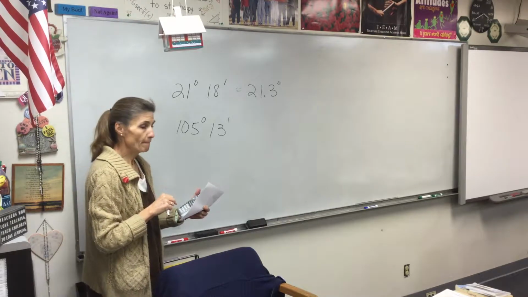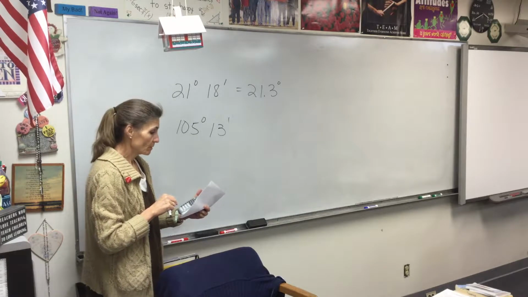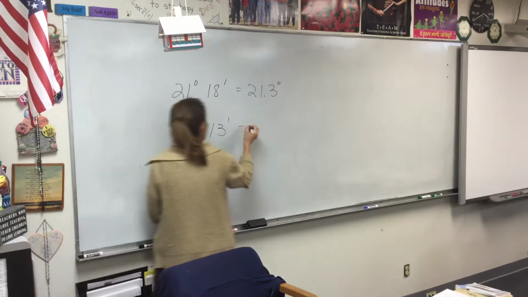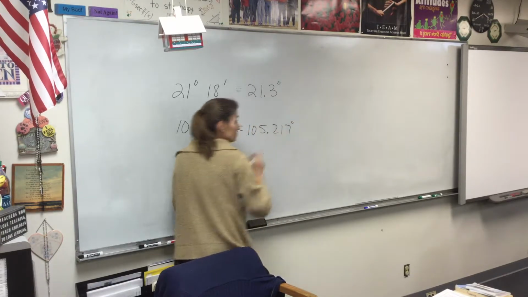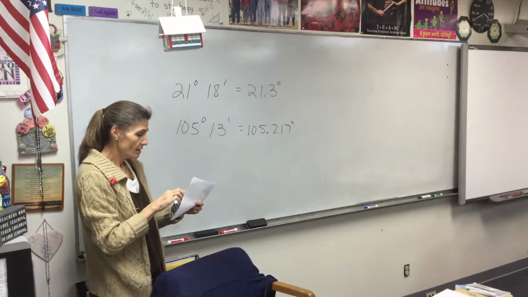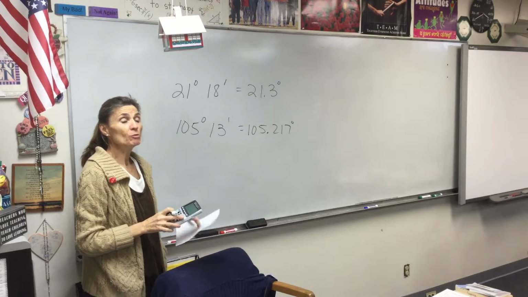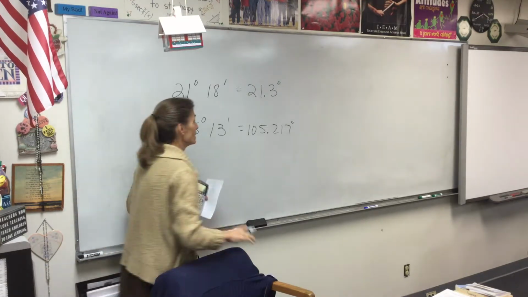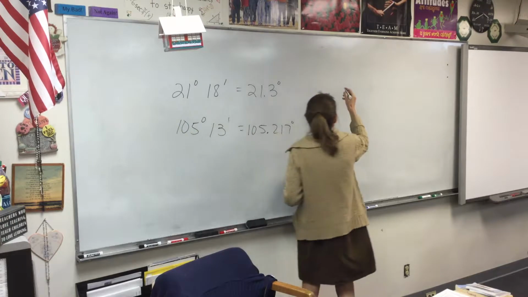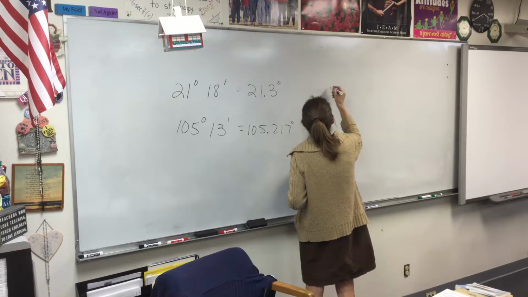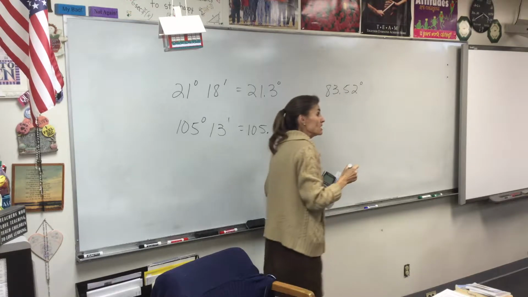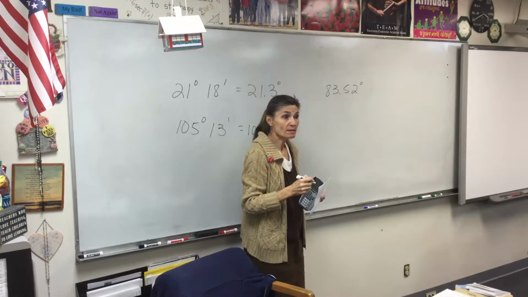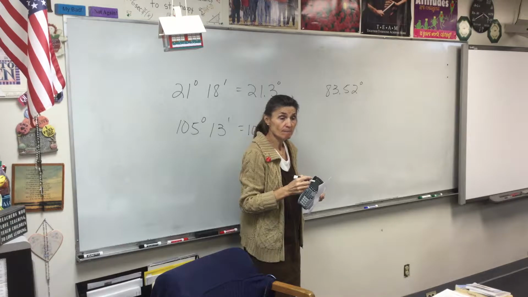What'd you come up with? 105.217. Everybody okay? Now, the calculator will go the other direction for you. So let's suppose you have a decimal, like 83.52 degrees, and you want to know how many degrees, minutes, and seconds that is.